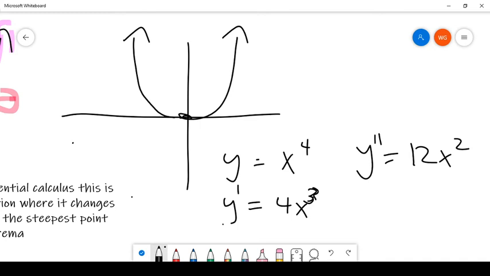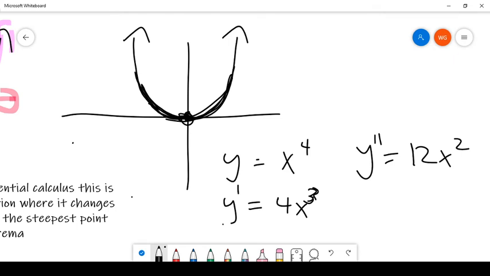And then, if I didn't know any better, I would conclude that this point, which is the minimum, is also a point of inflection. But that's not true, because at this point at the minimum, the function is not shifting from being concave up to concave down, or vice versa, concave down to concave up. This function is always concave up.